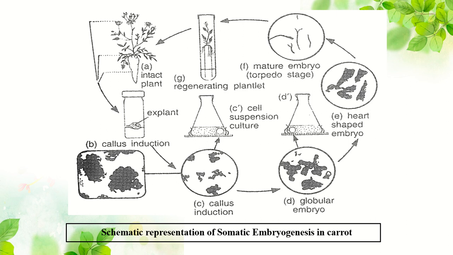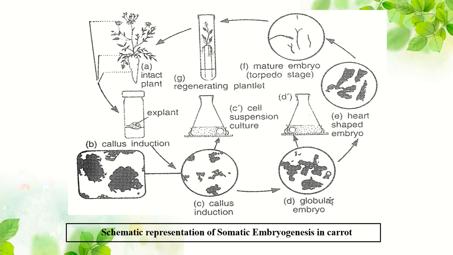This callus induction you have to see under the microscope. As I said, the somatic embryogenic stages are first globular, then heart shape, and torpedo. When you see a globular embryo under the microscope, next you will see a heart shape. Sometimes the explant is also put into a suspension culture, depending upon the protocol.